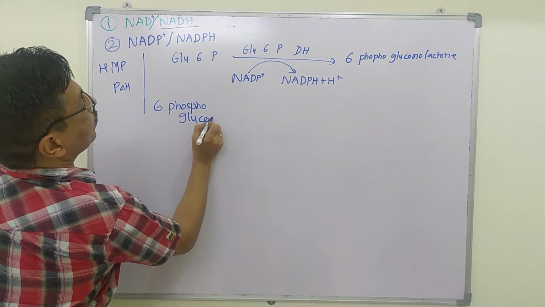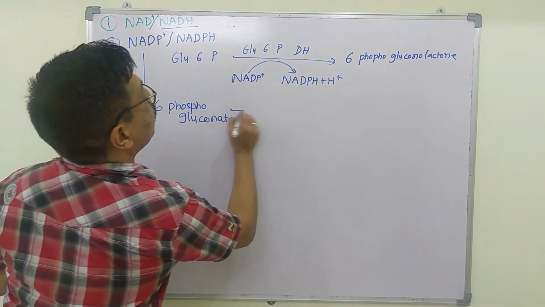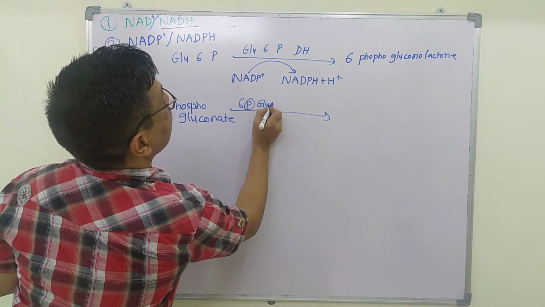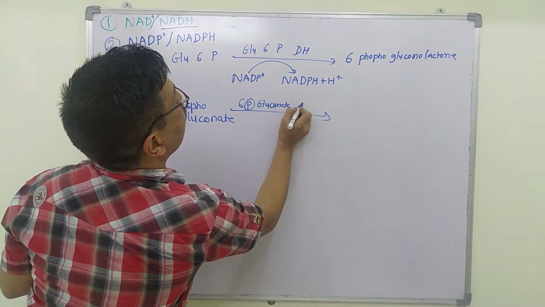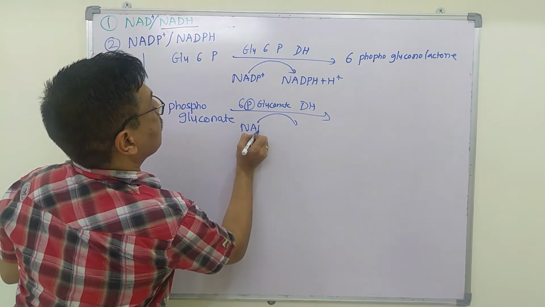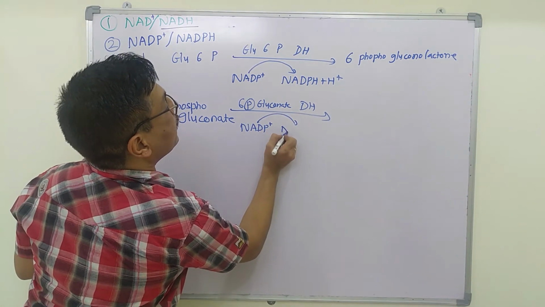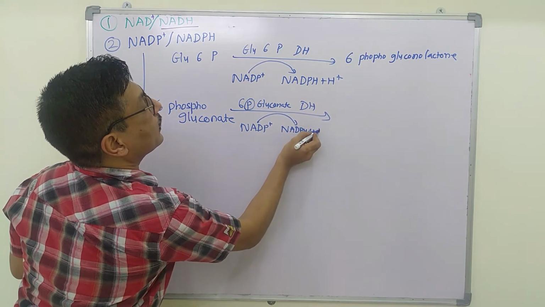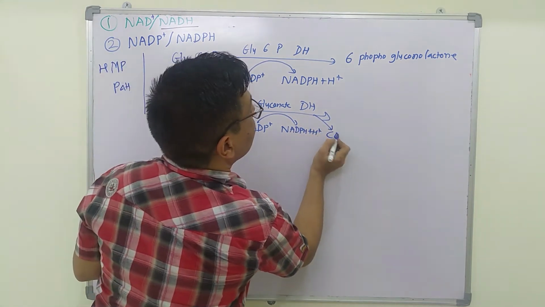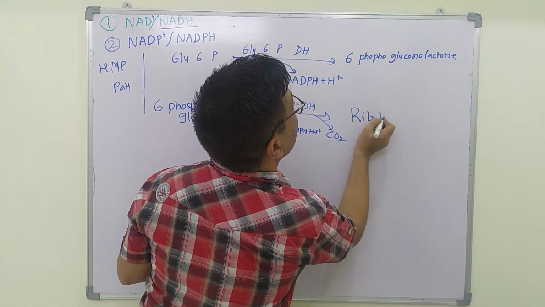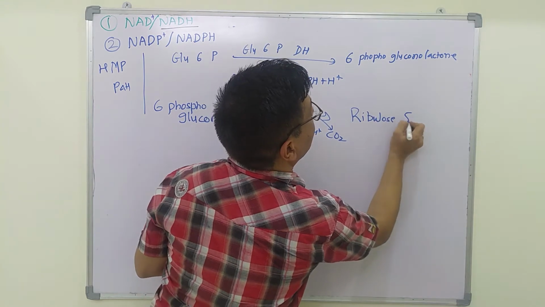Also, 6-phosphogluconate acted upon by 6-phosphogluconate dehydrogenase. NADP is converted into NADPH plus H plus. Carbon dioxide is released and it is converted into ribulose 5-phosphate.